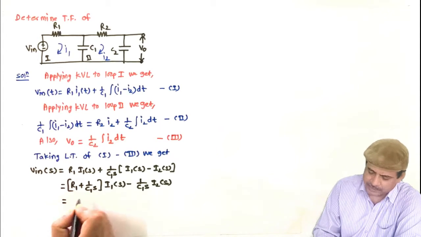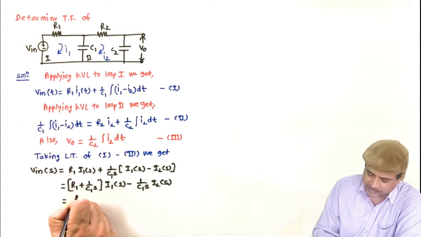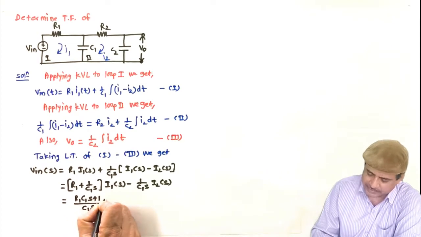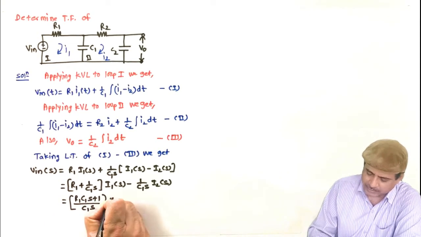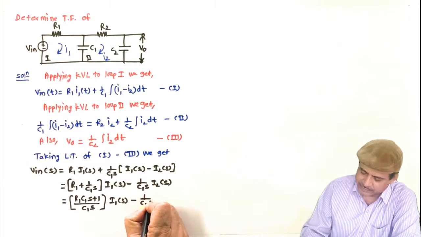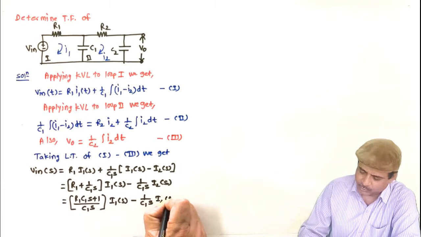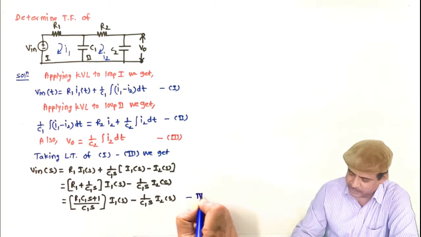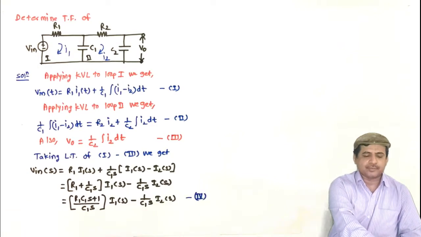Okay, this can further be replaced as R1 C1S plus 1 by C1S into I1 of S minus 1 by C1S into I2 of S. Let me denote this by 4, because this equation we need later on.